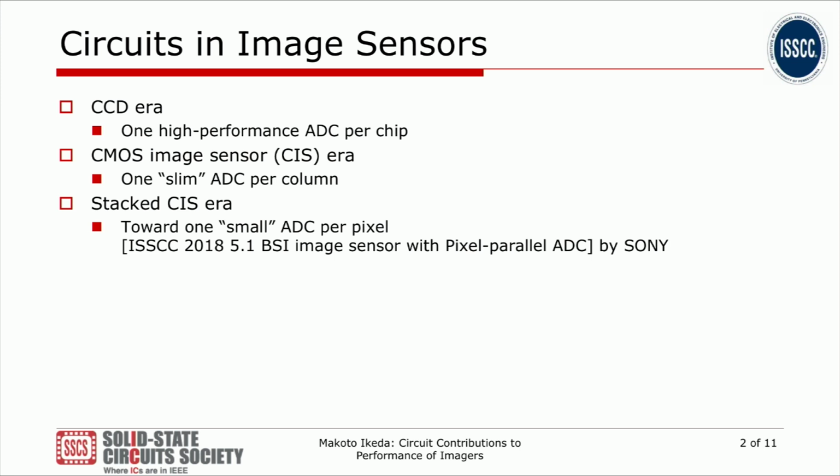In the case of the CMOS era, A/D converters are becoming equipped onto each column. And so the A/D converter becomes very slim to fit into a column, but the performance requirement becomes relaxed. And at the same time, performance, such as frame rate, is drastically improved.